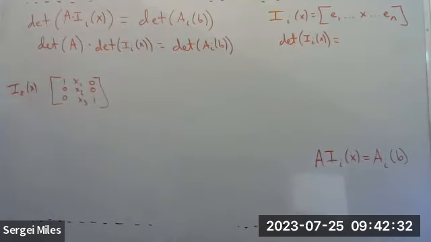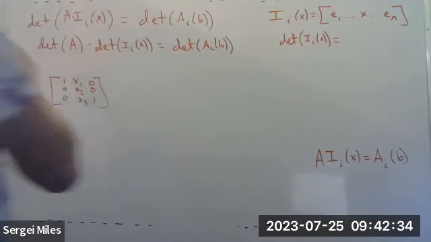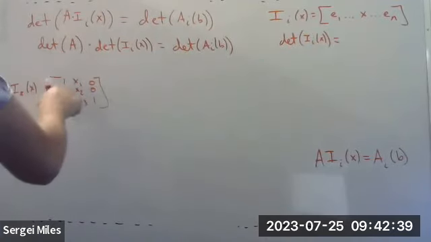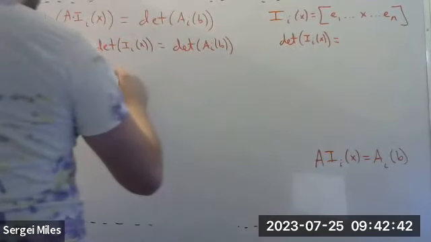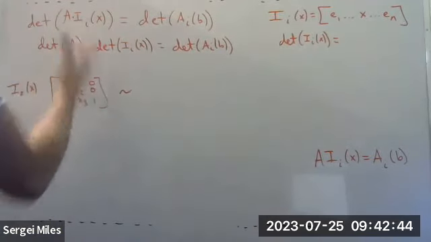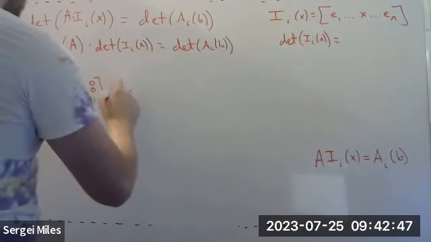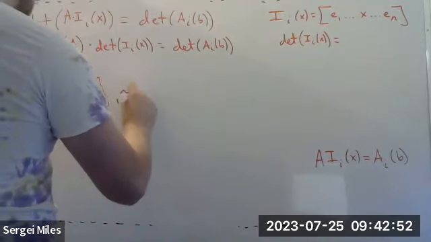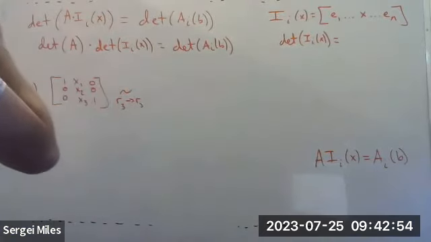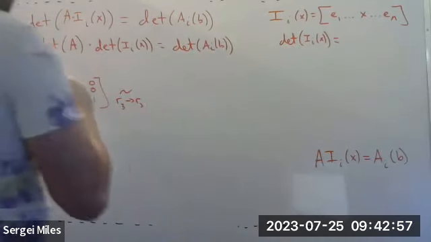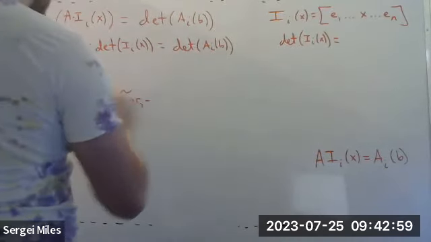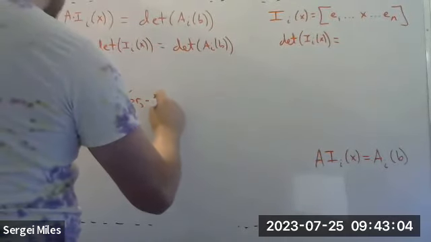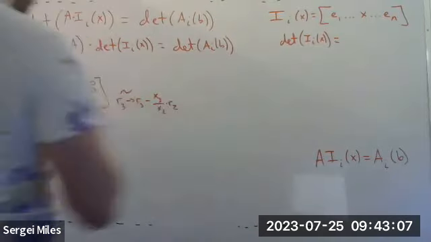But when I take my determinant here, I can do row reduction to get rid of x1, right? Or I could do row reduction to get rid of x3. It doesn't really matter which one you do. We could modify row 3 by taking row 3 and subtracting x3 over x2 times row 2.